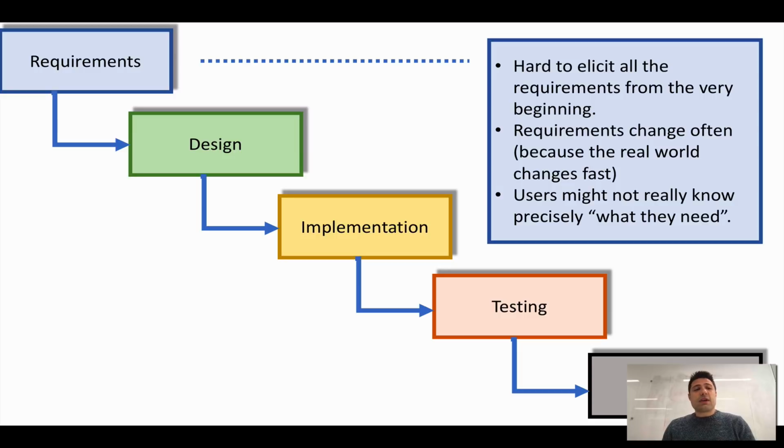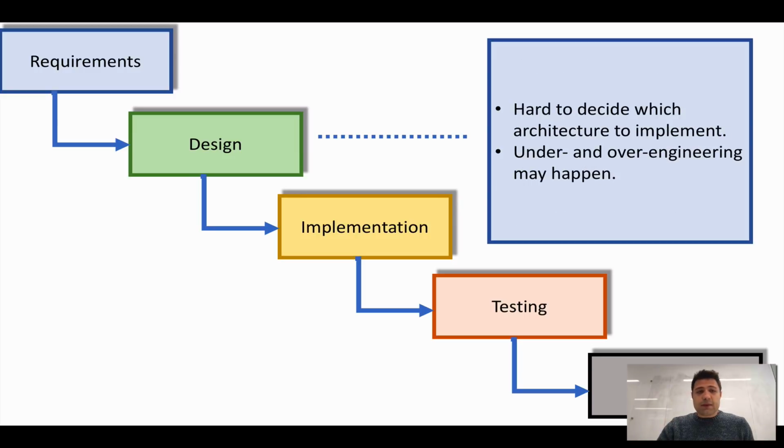So the requirements phase at the very beginning, and only at the very beginning, we noticed that it is just too hard to elicit all the requirements. Because maybe your user doesn't really know what he or she wants, and requirements change quite often, right? The real world changes fast and your software needs to adapt. So it was just very hard to do requirements at the beginning.